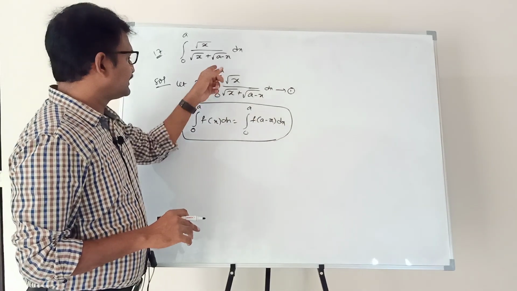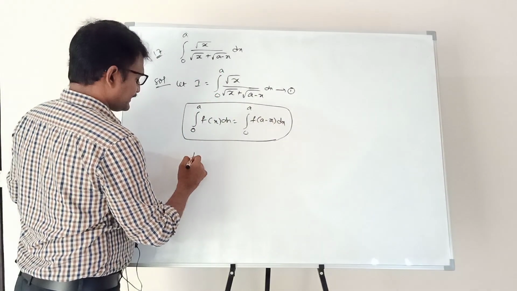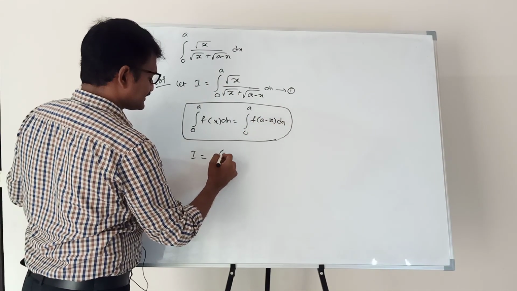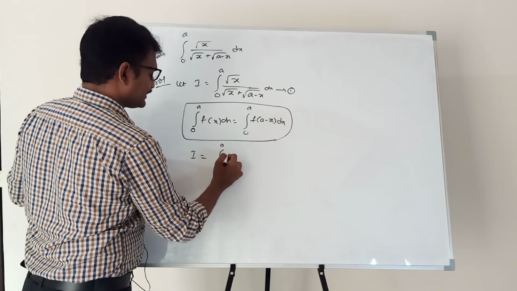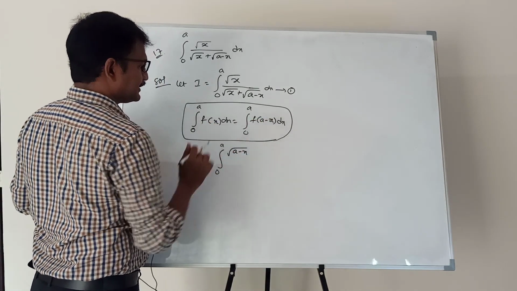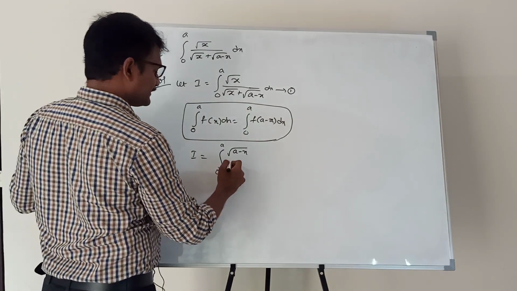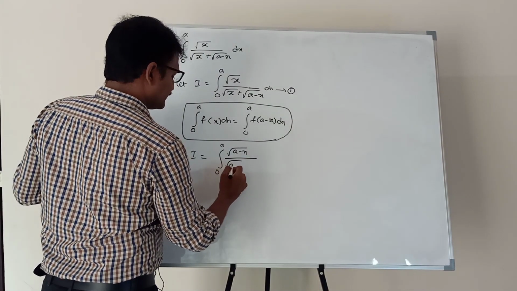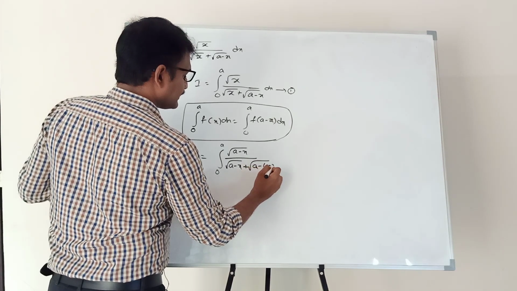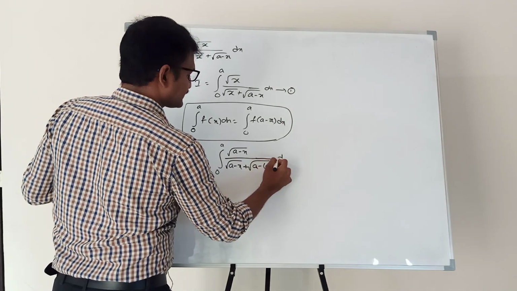So according to this property, in the place of x you can replace it with a minus x if you have limits 0 to a. Here root x is there, so we replace x with a minus x. In the place of x, replace x with a minus x by root of a minus x plus root of a minus, in the place of x, replace with x.